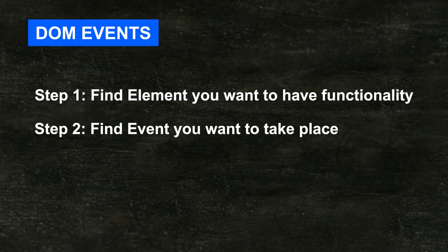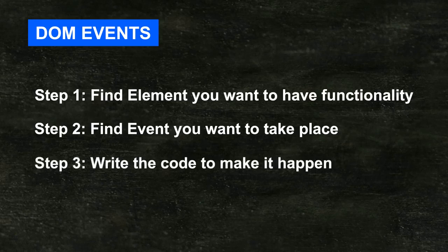So once again, do you want to have something occur when you click on it or when something else happens? Usually it's not a giant mystery. You already know kind of what you want to do. And then after that, we just have to create the code you want to run when your ideal event happens. So a user clicks something and they submit some information, or maybe you want to add something to your page because you're making a to-do list.